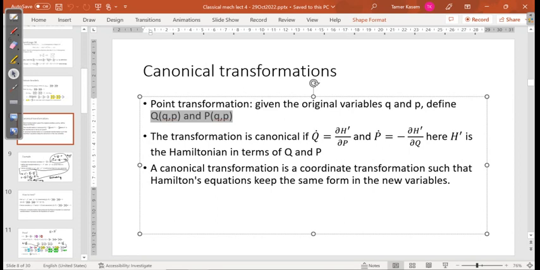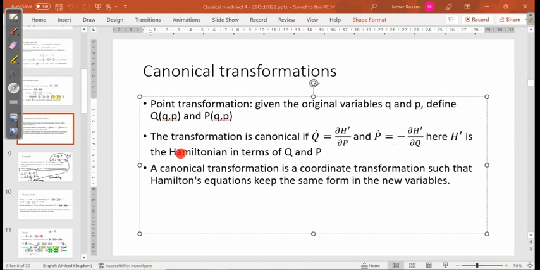However, for this transformation to be canonical, we need Q dot to be equal to partial h dash by partial P, and P dot to be equal to negative partial h dash by partial Q. So what is h dash? h dash is simply h, the original Hamiltonian.